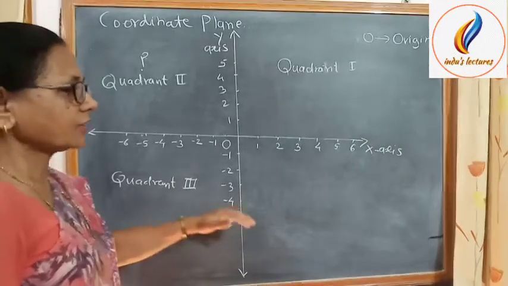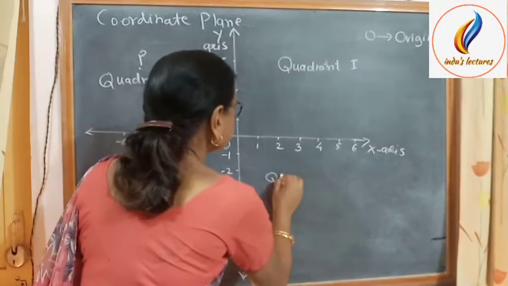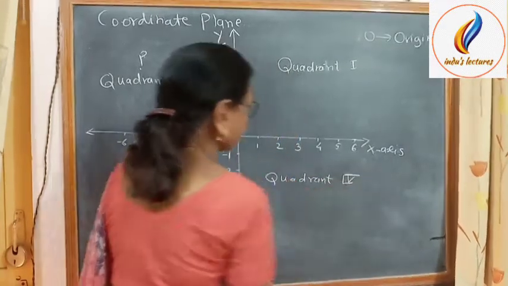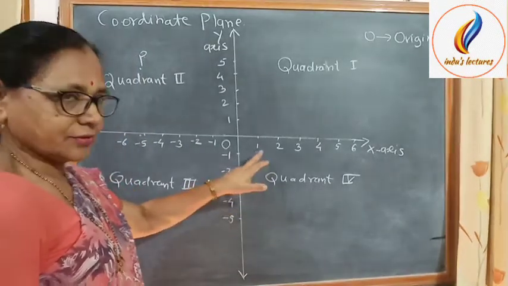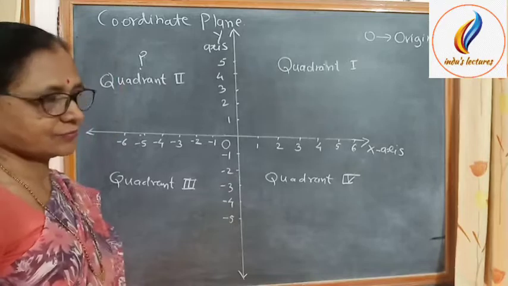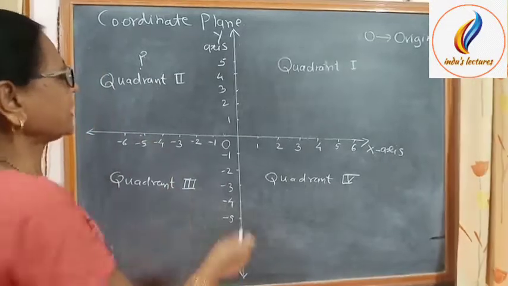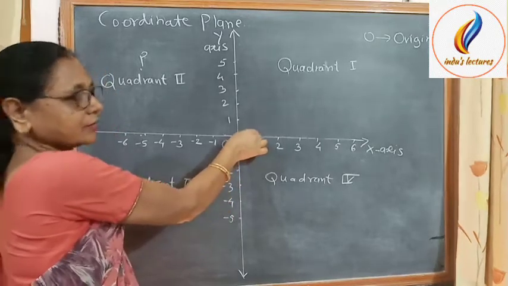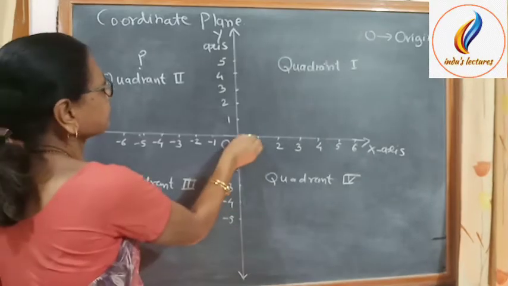The bottom right region of the plane is called quadrant 4, and in quadrant 4, the x-axis has positive values and the y-axis has negative values. That means the plane is divided into 4 regions, and their order starts from the upper right region and goes around, like this.